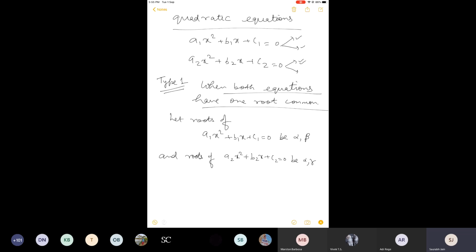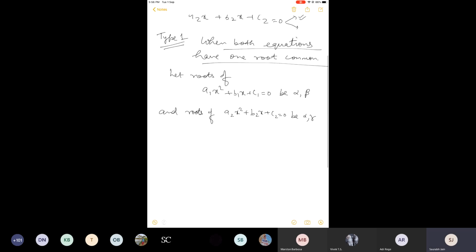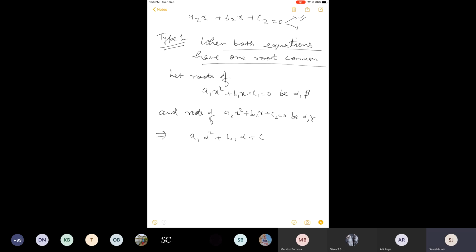Okay, now what will be the use of this information? What we have to do? See, I'm going to use a working rule. Whenever you will have a question on one common root, you will always apply this method only. And what is that method? The method says that I will put alpha in the first equation as well as in the second equation.